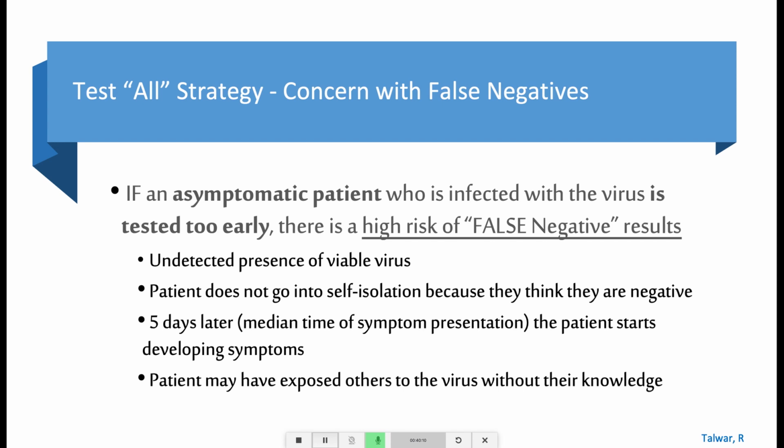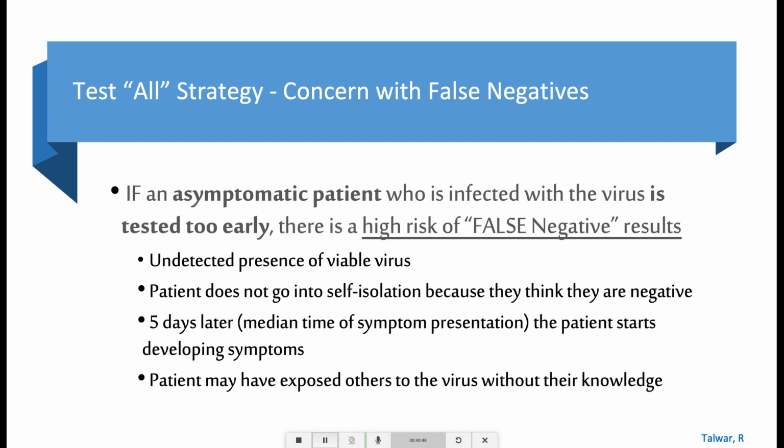Then you've got a person with an undetected presence of live virus. The patient doesn't go into self-isolation, as they should, because they think they're negative. Five days later, which is the median time of symptom presentation, they start developing symptoms.